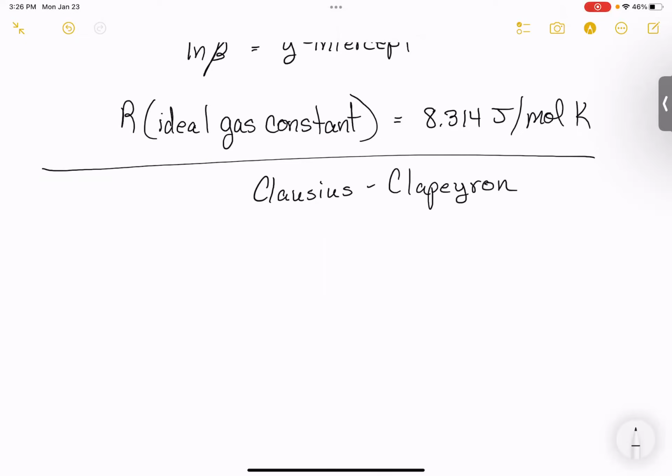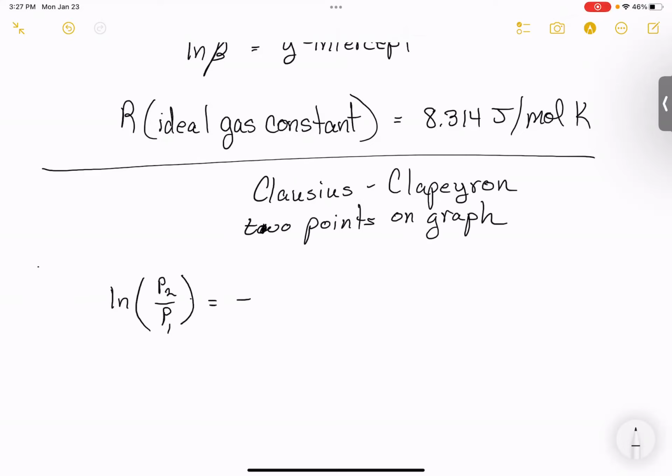The Clausius-Clapeyron equation basically, instead of looking at one point in time, deals with 2 points on the graph. And that equation comes out to be the natural log of P2 over P1 is equal to negative delta H of vaporization over R times 1 over T2 minus 1 over T1.